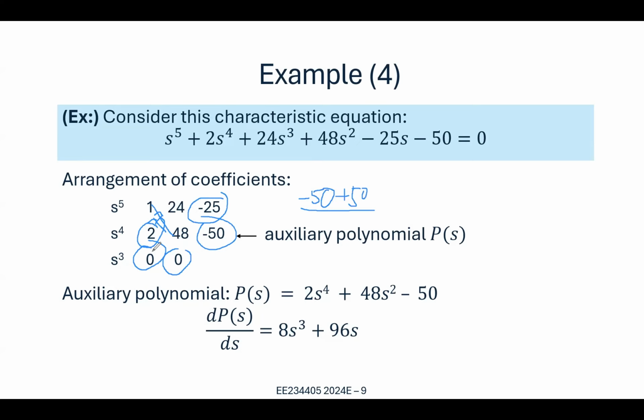What we do is we get what's called the auxiliary polynomial. So we basically arrange this, so it would be 2s to the power of 4 plus 48s to the power of 2 minus 50. So we differentiate this with respect to s.